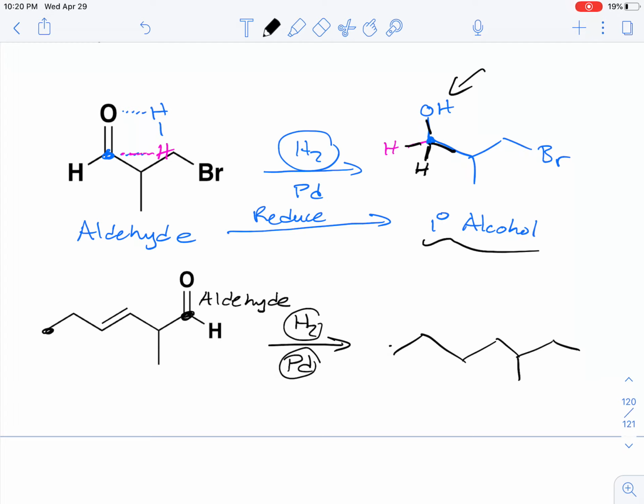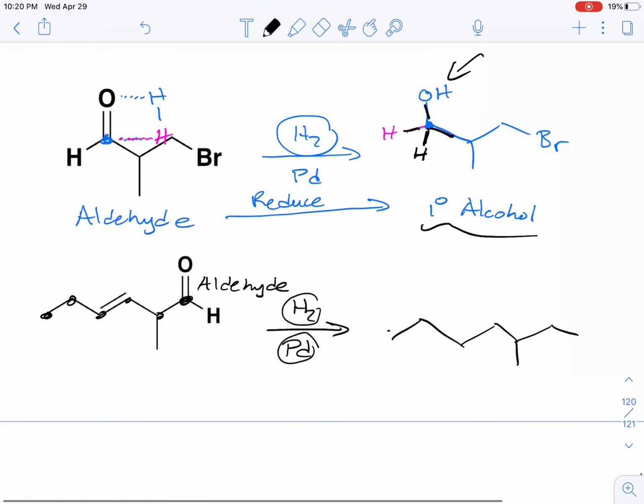Okay, so make sure that you guys are copying it correctly, right? So if you need to number those carbons, please do. I'm used to it. I can kind of eyeball these things, but if you're not used to it, then I would number your carbons to make sure that everything matches up.